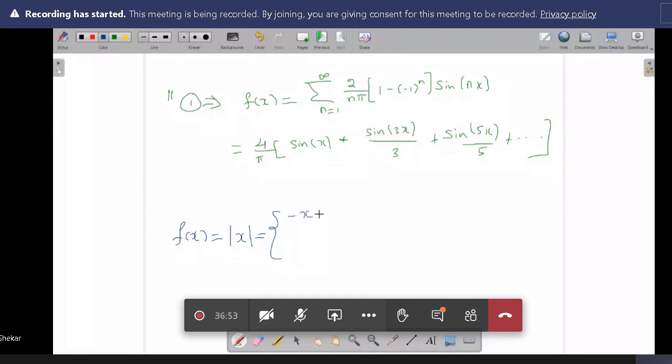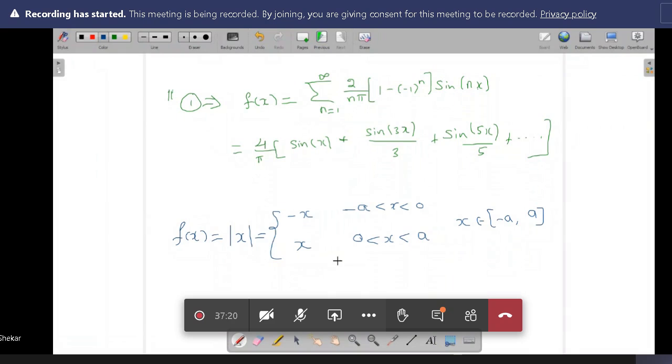It is minus x in the interval minus a less than x less than 0 for any value of a, and x in the interval 0 less than x less than a. So x belongs to the interval minus a comma a.